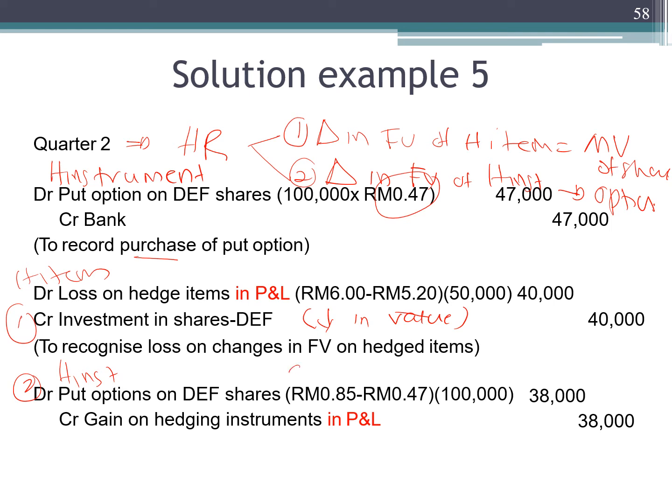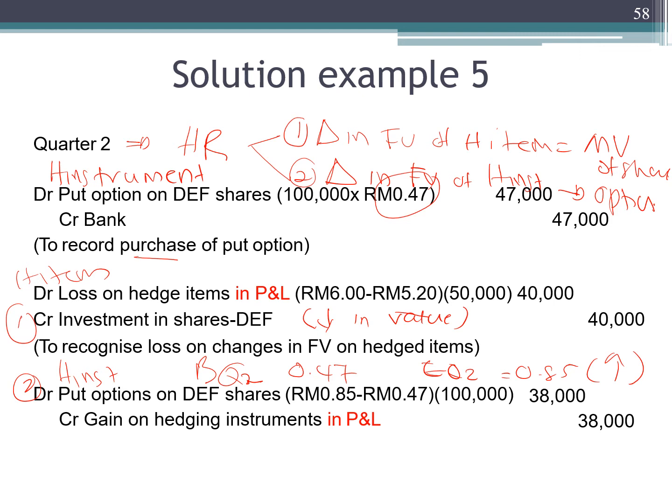At the beginning of quarter 2, the value here is only 0.47, and at the end of quarter 2, the value becomes 85 cents. So there is an increase in value. When there is an increase in value, it means that you're going to have a gain. So debit your put options and then credit gain on hedge instrument, and then transfer it to the P&L.